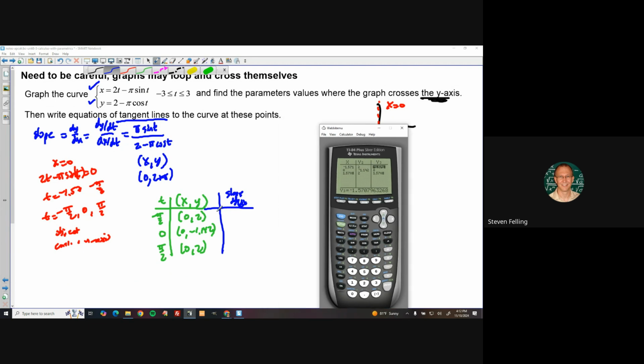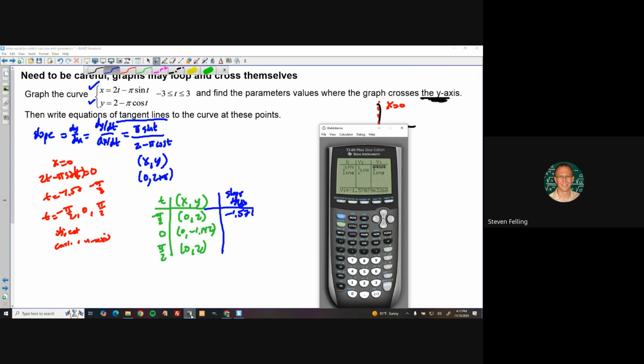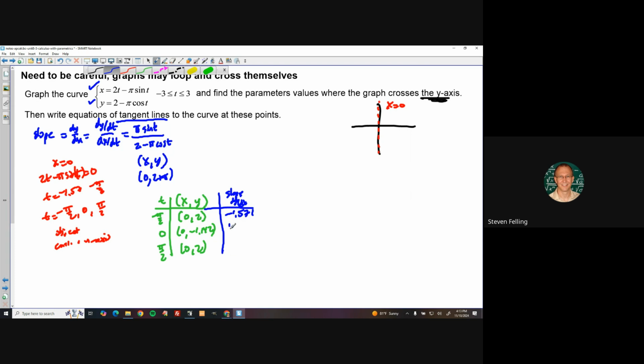So the slope here is negative 1.571, and the slope at this location is 0. And the slope at this one is positive 1.571. Okay, so what would be the tangent equation? Tangent equations here would be y minus 2 equals negative 1.571 for the slope times x minus 0.